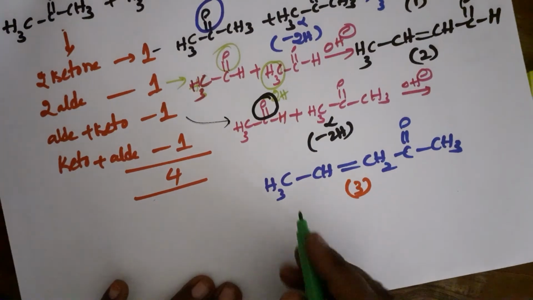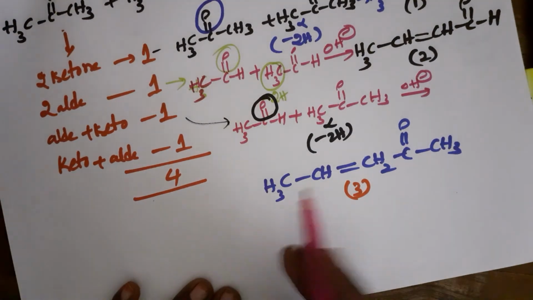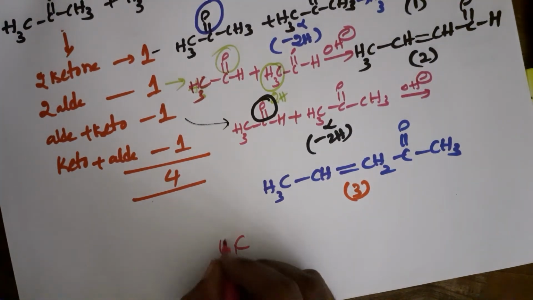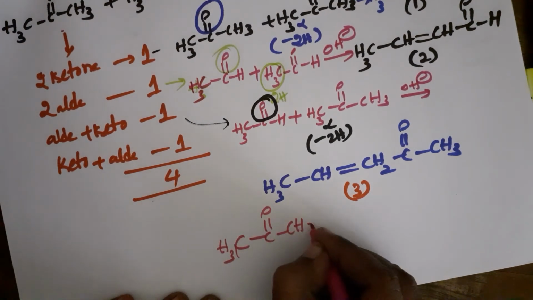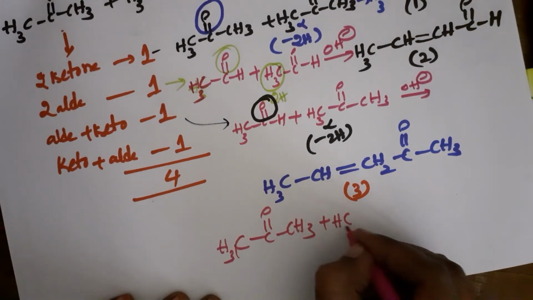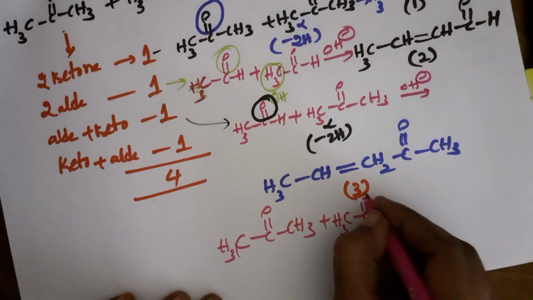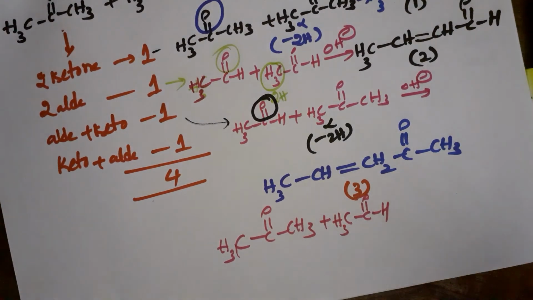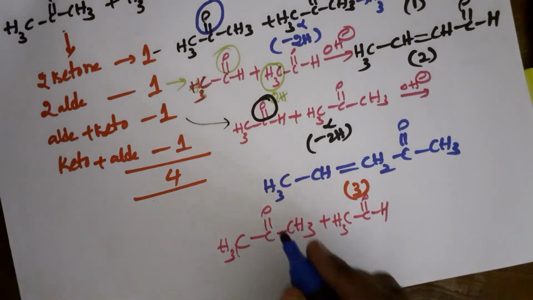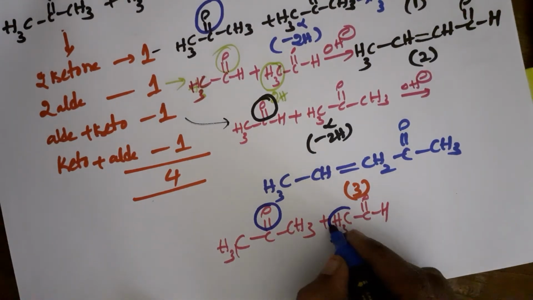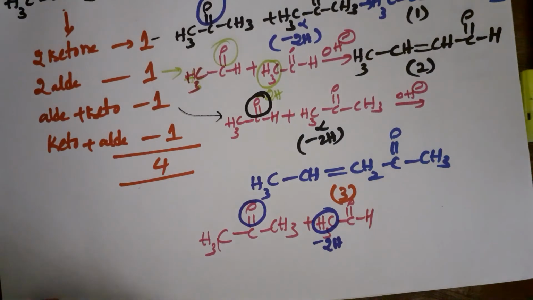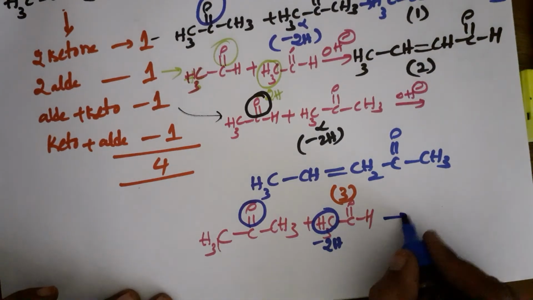And the last one, first the ketone, CH3 C double bond O CH3 plus CH3 C double bond OH, the aldehyde. First apply the same thing: remove the double bonded oxygen and two hydrogens from the alpha carbon in the other aldehyde, then write the product.